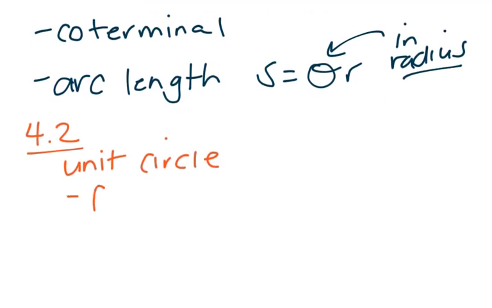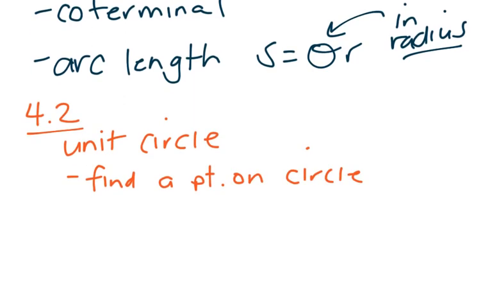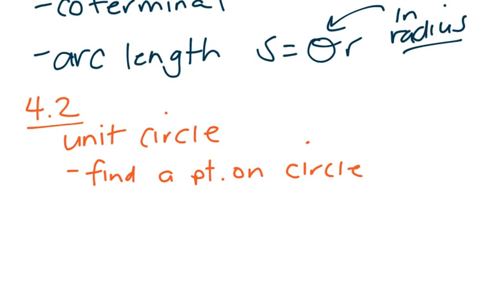So you're going to have to be able to find a point on the unit circle. It might be straightforward. It might be like 7 pi over 6, and then it might be like 15 pi over 6, where you've got to find the coterminal point. And then from there, you've got to be able to find the trig functions from the point.